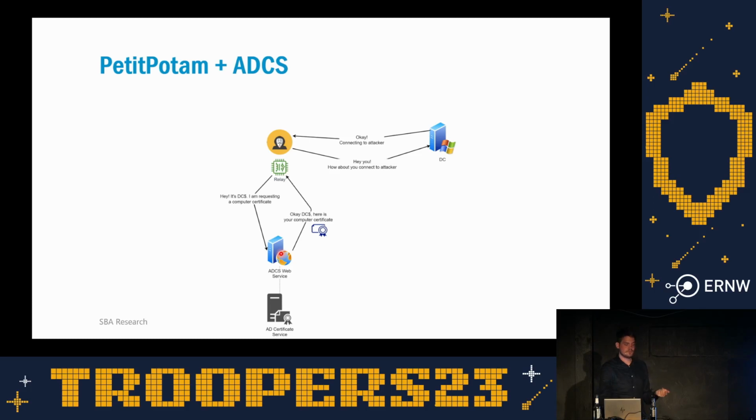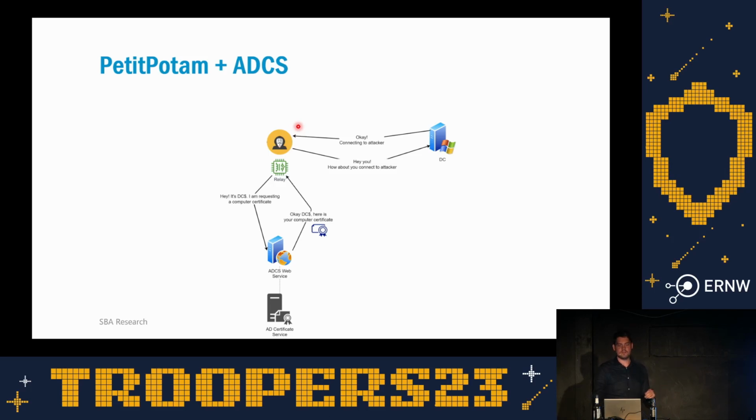The ADCS web service is a service running on top of the AD certificate service, which is basically vulnerable to this relaying. The ADCS web service is then, okay, cool, you're the domain controller. Here, take a certificate for the domain controller. So now the attacker has a certificate for the domain controller.